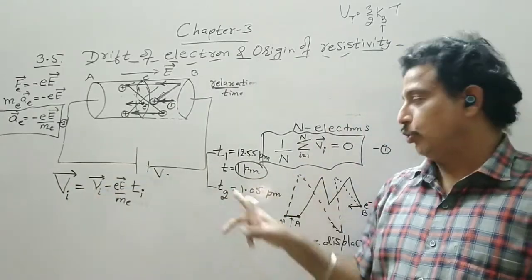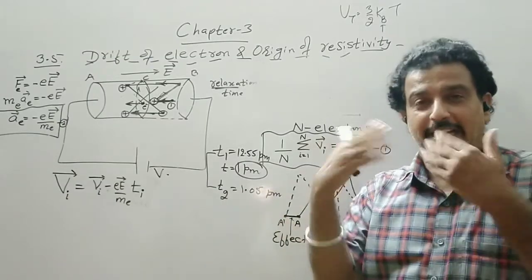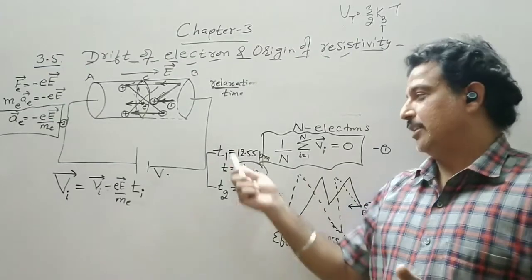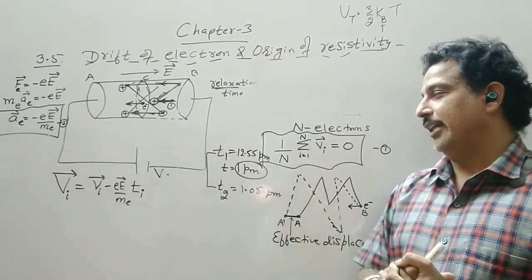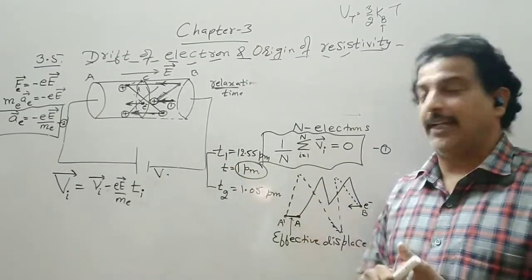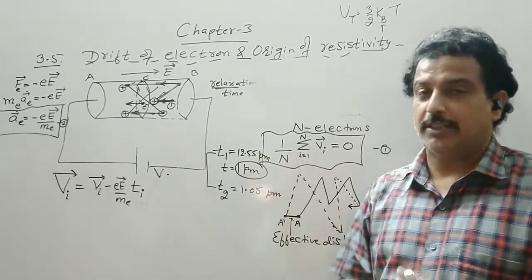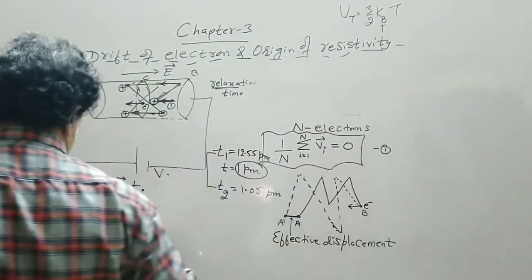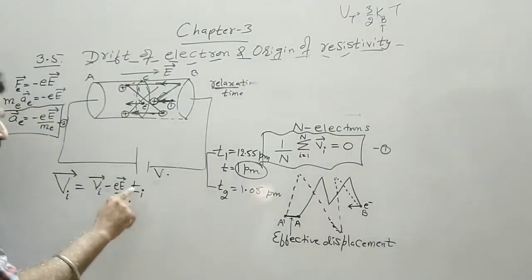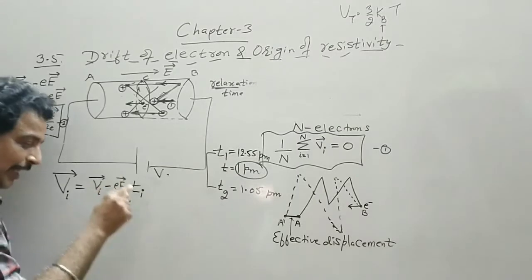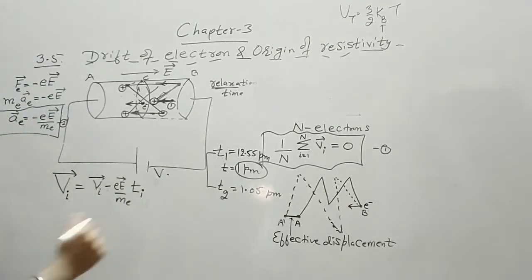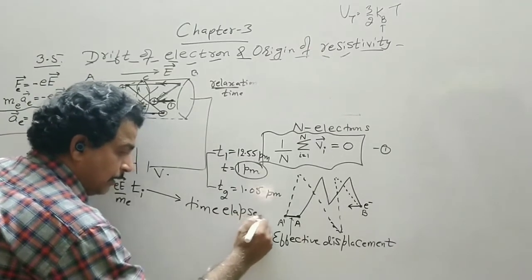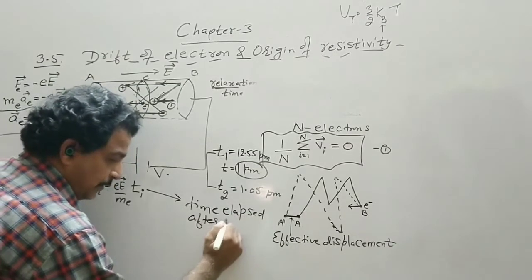If I say what is T2, it is the time elapsed after its last collision. Its last collision was at 12:55 and now another collision is at this point. So it is a relaxation time. Here this is the relaxation time for each electron. It will be called the time elapsed after the last collision.